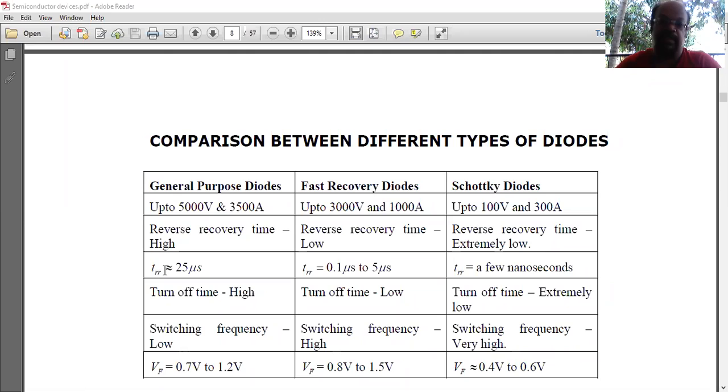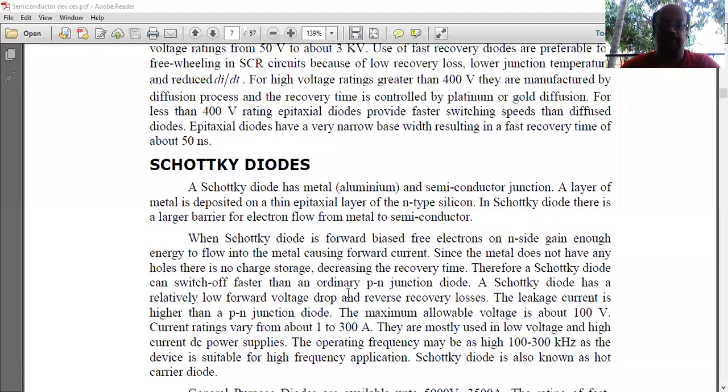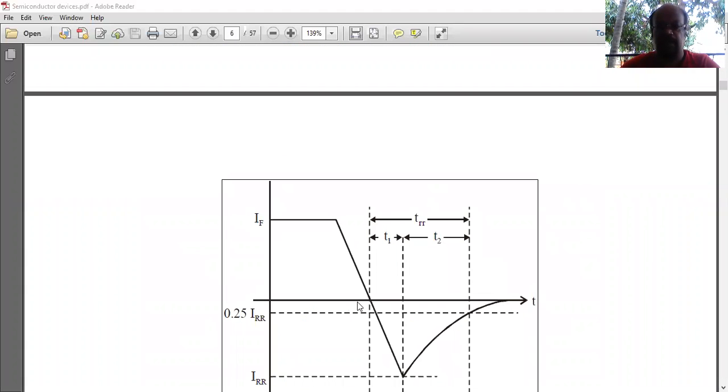The reverse recovery time is nothing but the current not becoming naturally zero. It will take some more time for the recombination of the charges, holes and electrons, the positive and negative charges. Because of that, the current goes in the negative direction, and only after that does it reach zero. This operation time is called the reverse recovery time.